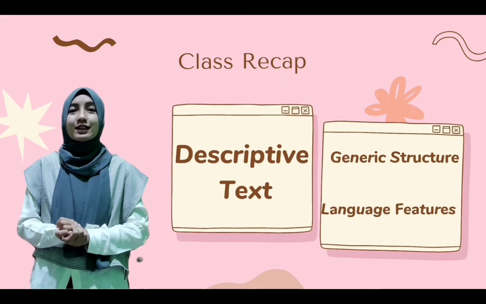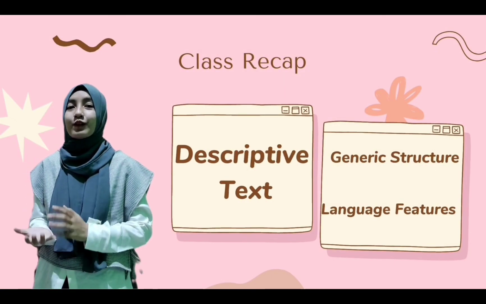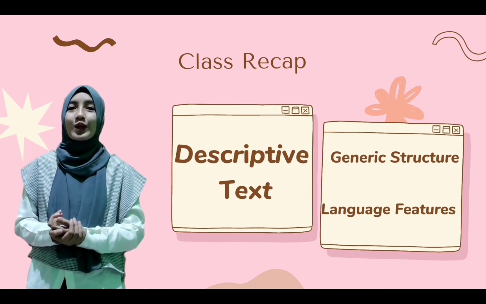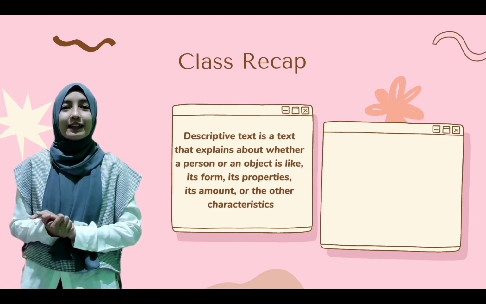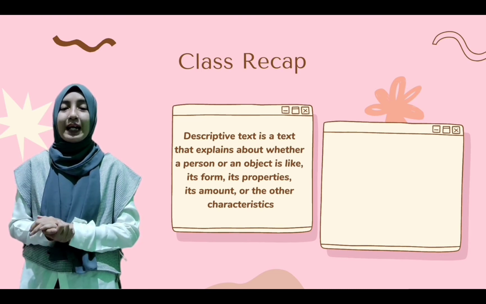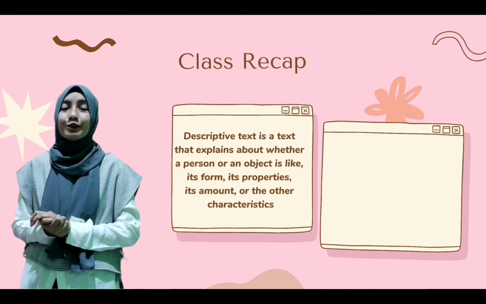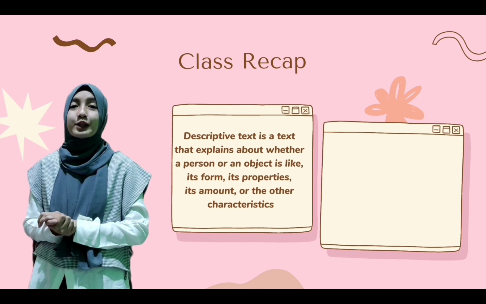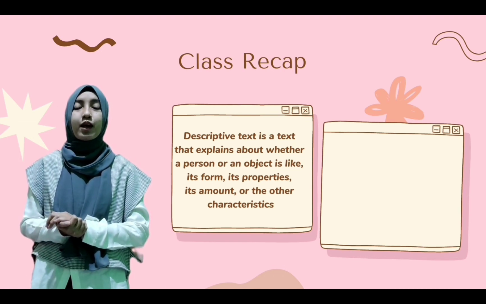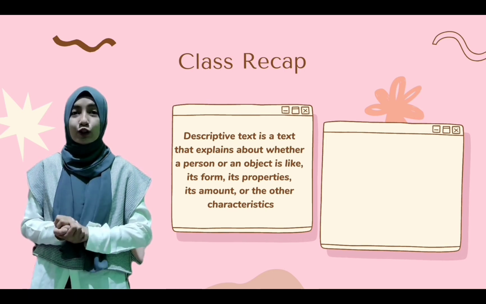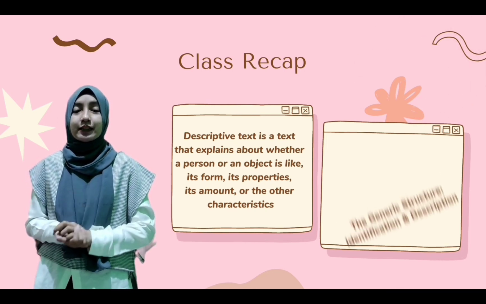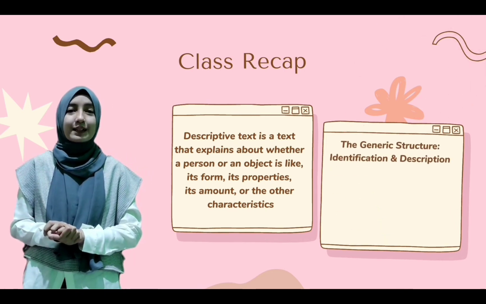We have already learned about descriptive text. Can we repeat what descriptive text is? Descriptive text is a text that explains what a person or object is like, its form, its properties, its amount, or other characteristics. Then, we have also discussed the generic structure of descriptive text.